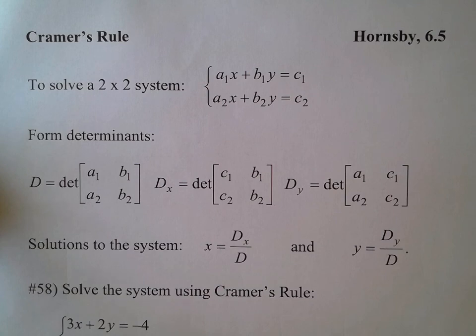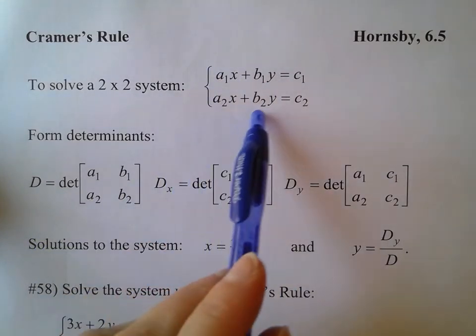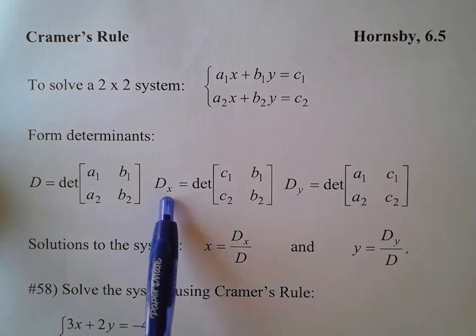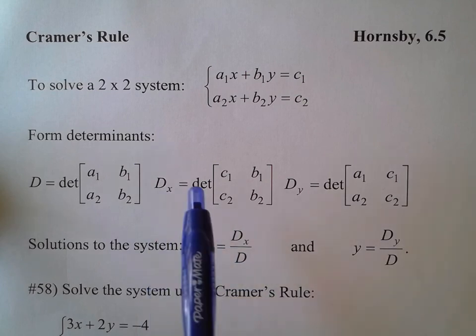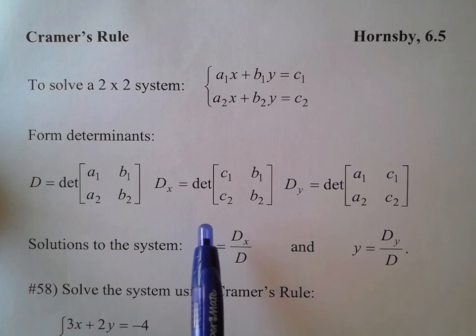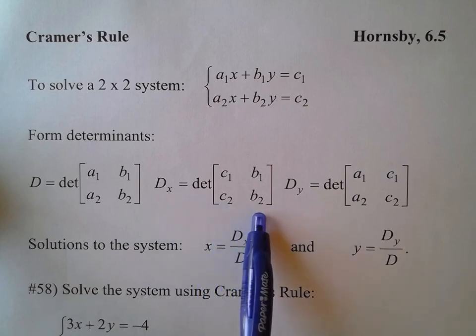For a 2x2, it consists of calculating 3 different determinants. I'm going to do the determinant of the coefficient matrix, so just the left-hand side of the equal sign. Then this is the determinant with regards to x, and so we're going to do not the x terms, but C and B. I really think these are backwards because of that alternating thing, but I'm not totally sure about that.